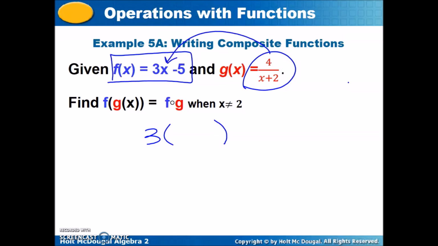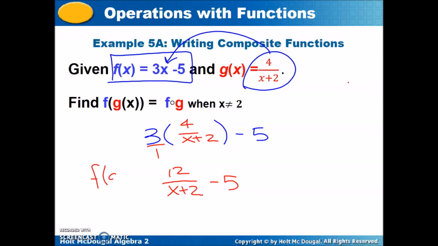We're going to put an x where that goes, and we're going to put a -5. So I'm going to put this 4 over x plus 2. I just know that 3 over 1 is the same as 3. So we're going to multiply across the top. That's going to be 12 over x plus 2 minus 5. We cannot simplify this anymore. Some we will be able to, this one we can't.